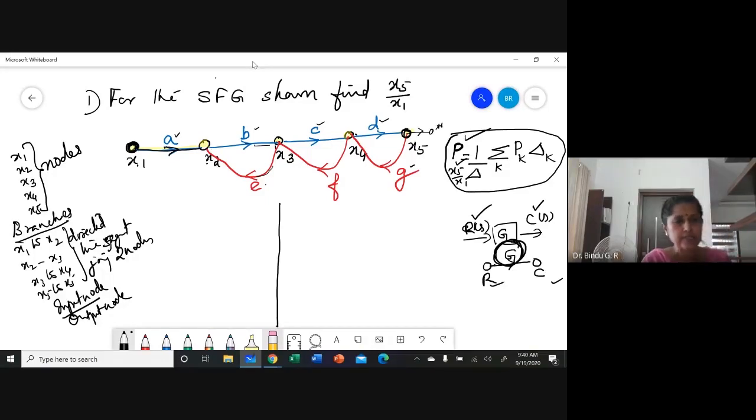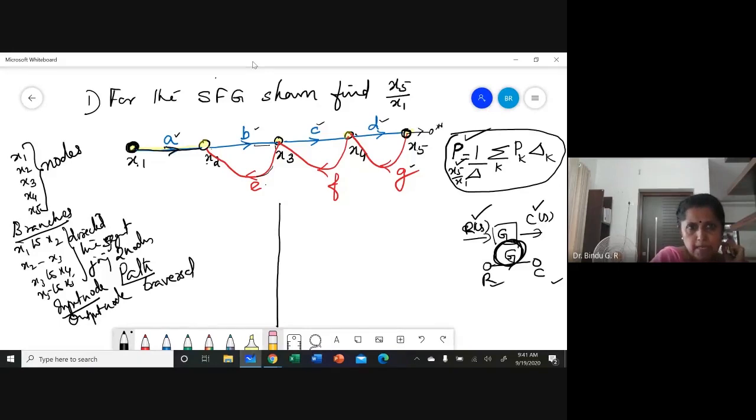But next thing that you have to know is a path. What do you mean by a path? A path is a traversal. Traversal means it's just going. A path is a traversal of connected branches in the direction of the branch arrows, such that no node is crossed more than once.